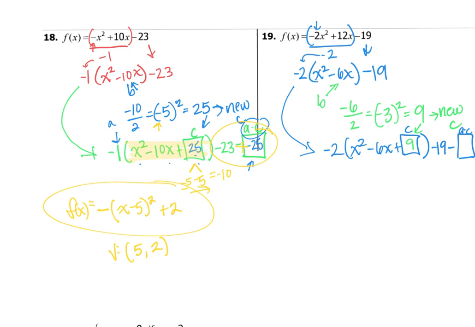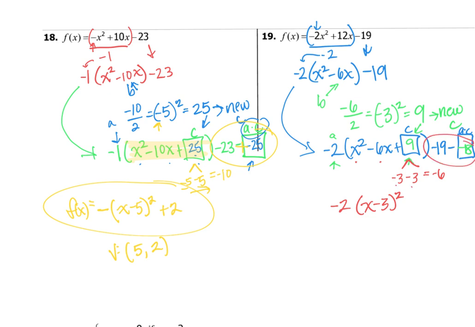What goes into our outside box? This 9 times the a value, which is -2. So 9 times -2 is -18. We got that double negative situation happening again. Okay, after we've done that, we have 1, 2, 3 terms inside. We're ready to do our factor tree. What multiplies to 9 but adds to -6 is going to be -3 times -3. So in factored form, we'd be -2 parentheses x minus 3 squared, because there's two -3 factors.